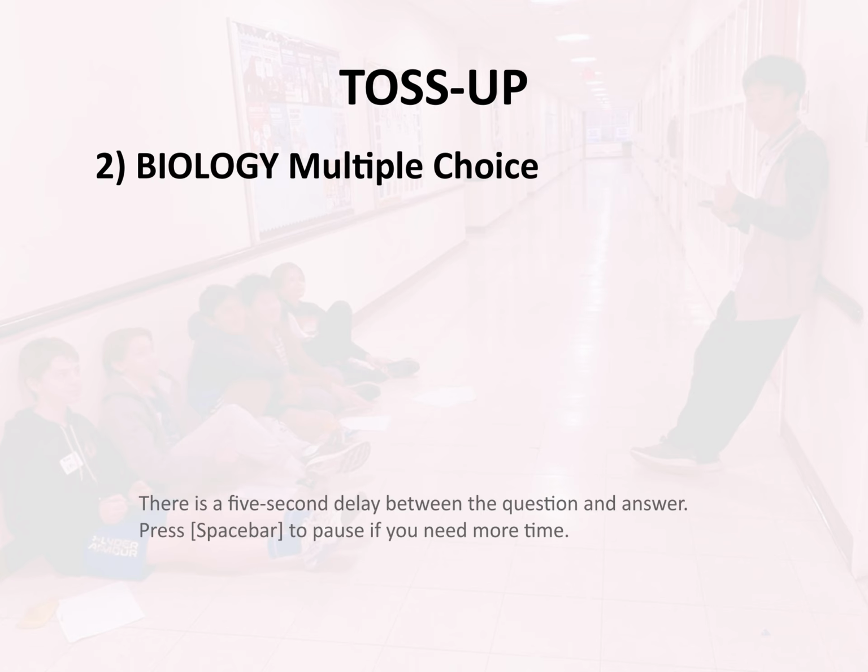Toss-up 2. Biology. Multiple choice. In a particular bird population, individuals that lay too many or too few eggs are less likely to survive and reproduce. Which of the following terms best describes this pattern of natural selection? W. Directional selection.